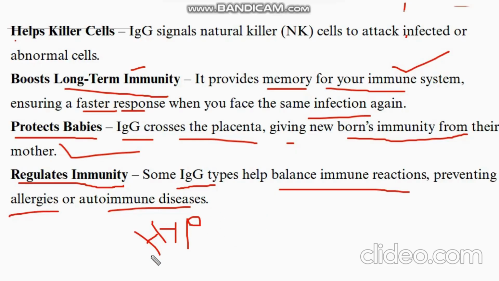In those cases, the immune system will produce a harmful effect on the normal cells also. That can be avoided with the help of IgG antibodies. So whenever the immune system gets hyper, the IgG antibody has a capacity to regulate the immunity and to balance the immune reactions, thereby preventing autoimmune diseases and allergies. So that is another function of the IgG antibodies.